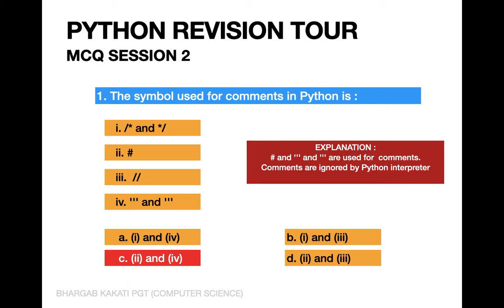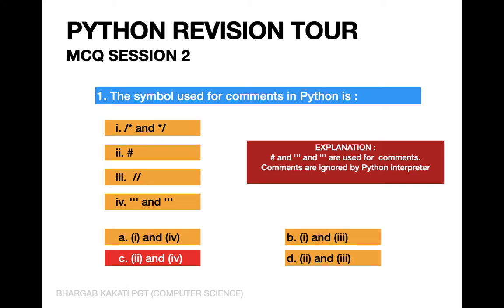And if the comments are a little bit longer, that means if they are spread across more than one line, you can take help of multi-line comments. You can enclose multi-line comments within triple quotes, and whatever you enclose within triple quotes is ignored by the Python interpreter.